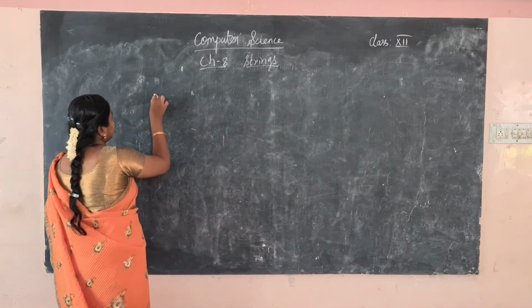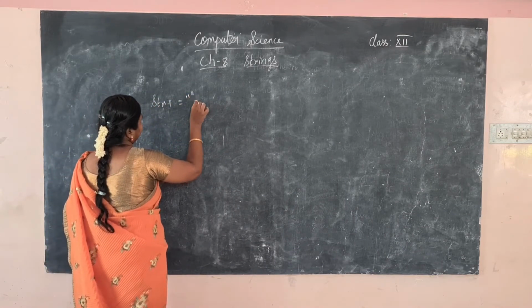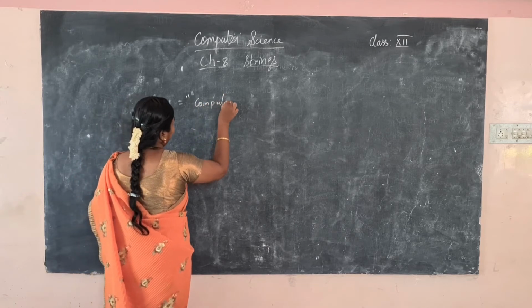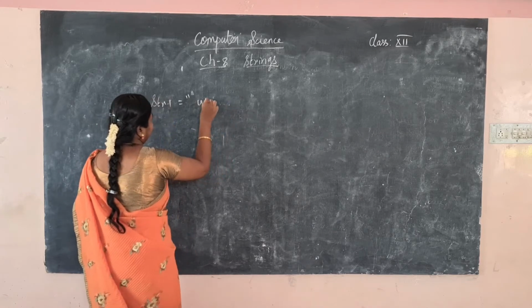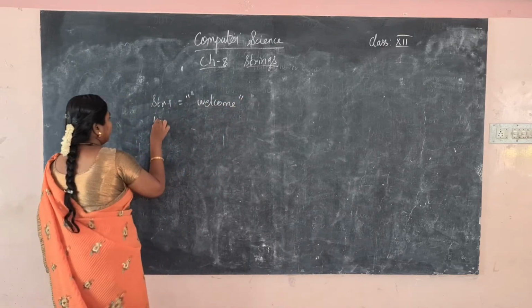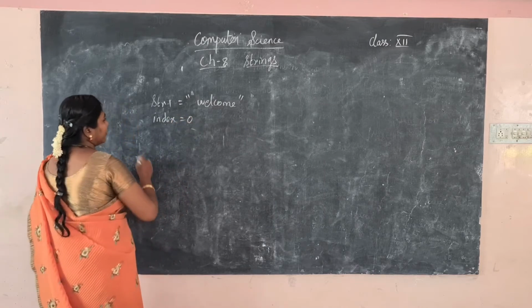Consider a string. String 1 is equal to "computer", or "welcome", anything you can have. I am having a variable index, and I am assigning the value 0 to it.